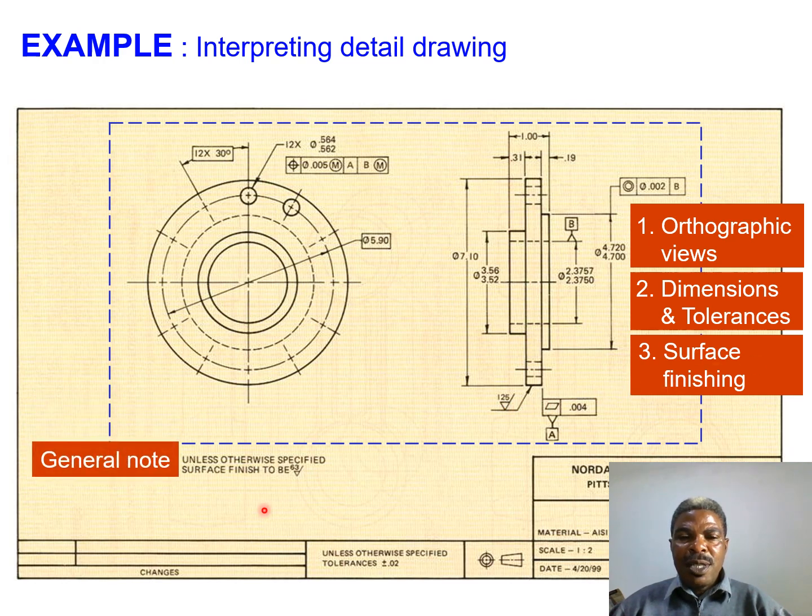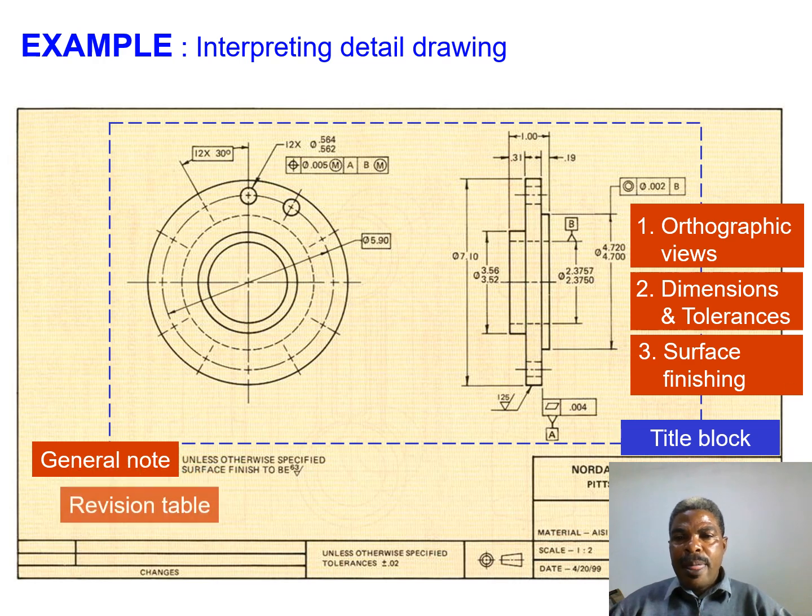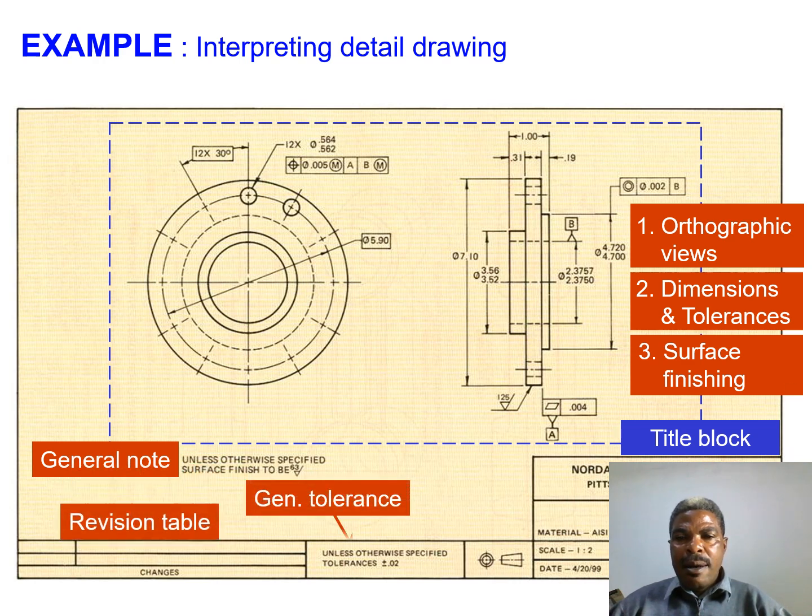And the general notes to give more clarification are provided as well. Even the title block here shows who has done this, what material, which date, scale used. So all the information is provided in the title block, as you can see down there.